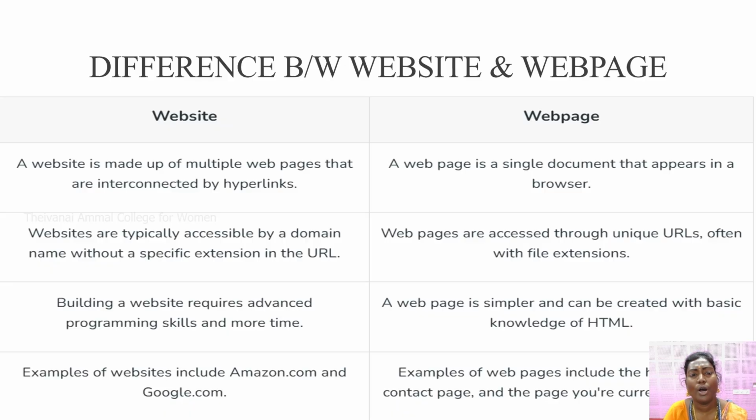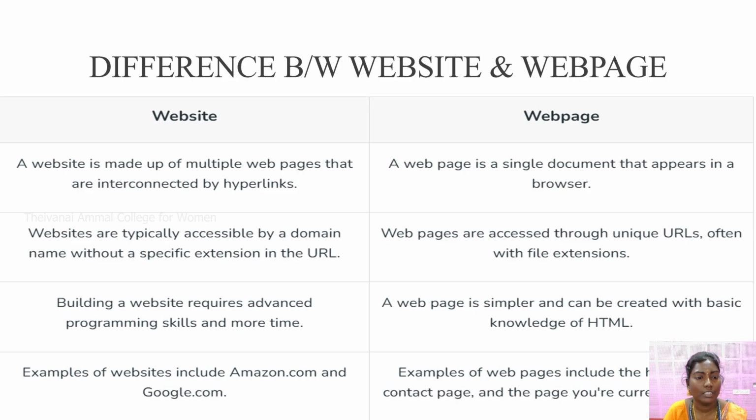So here is the difference between a website and a web page. A website is a collection of multiple web pages interconnected with the help of hyperlinks, whereas a web page is a single document that appears in the web browser.